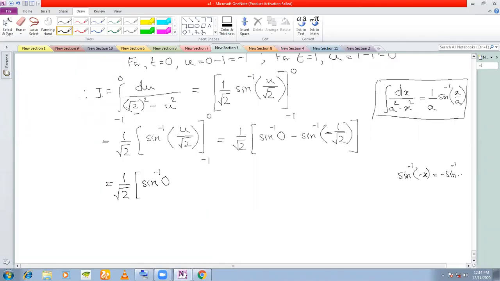Do you remember? So this becomes plus sin inverse 1 by root 2. And what is sin inverse 0? It is 0. And sin inverse 1 by root 2 is pi by 4. So this becomes pi by 4 root 2, which is your answer.